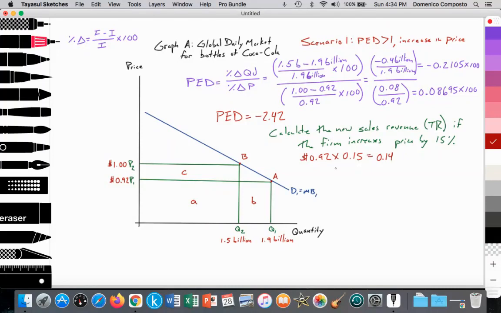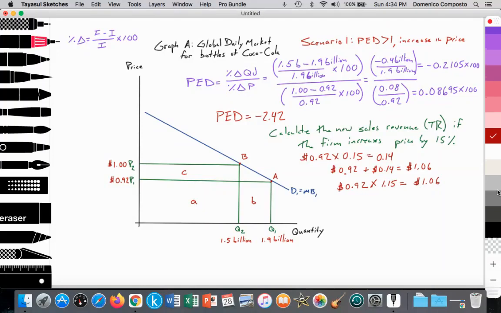I can take the original 92 cents plus this additional 14 cents, and that's going to tell me that my new price is now $1.06. Another way I can do that is take the initial price, 92 cents, multiplied by 1.15, and that equals, again if we round up, $1.06.